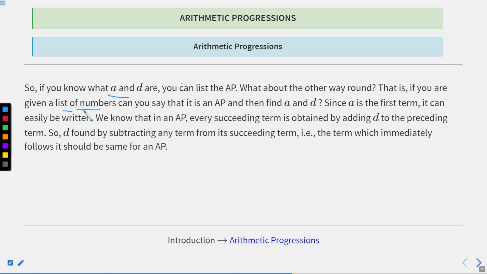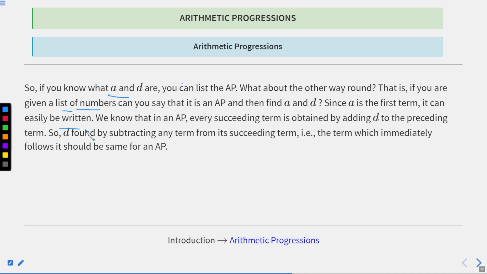If your answer is yes, then find the first term A and the common difference D. Since A is the first term of the list, it is not difficult to find.